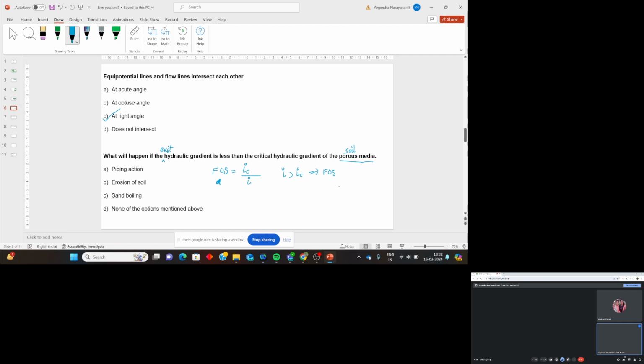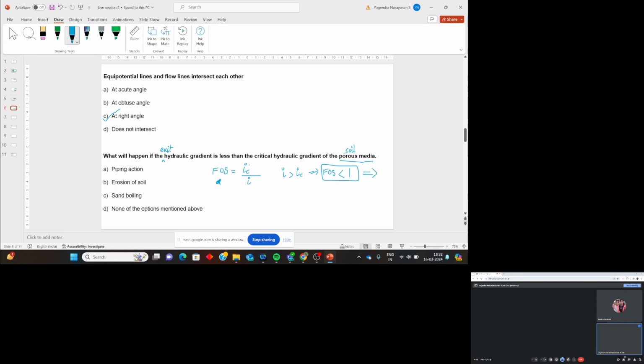It will be less than 1. See, denominator is more than numerator means FOS is less than 1. So that means if FOS is less than 1, then piping will be occurring.